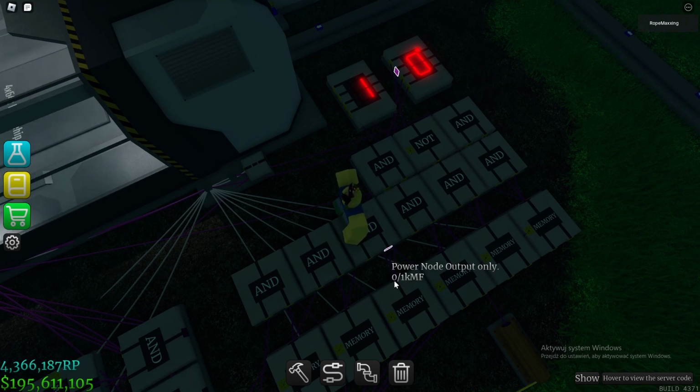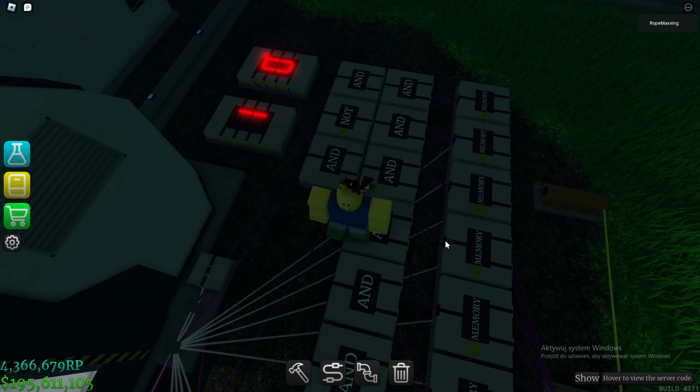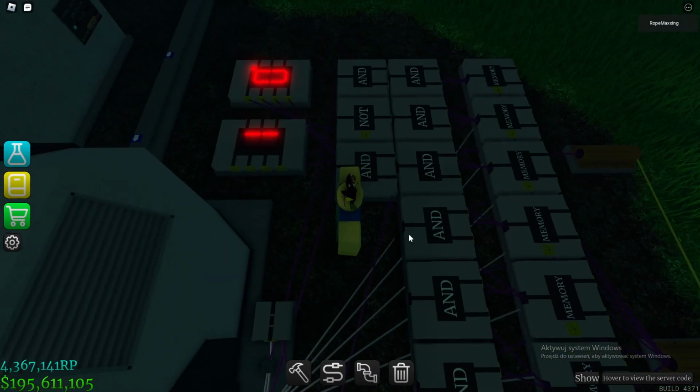So you just do the same as you did in these two. Do the same for all of these four. So just connect this memory into the right input of this AND gate, and connect this AND gate into the reset of this memory, into the left input of this AND gate, and into the signal to start outputting of this memory.